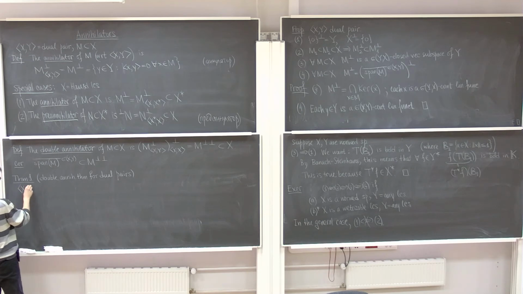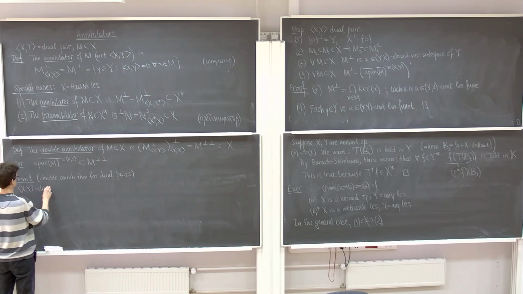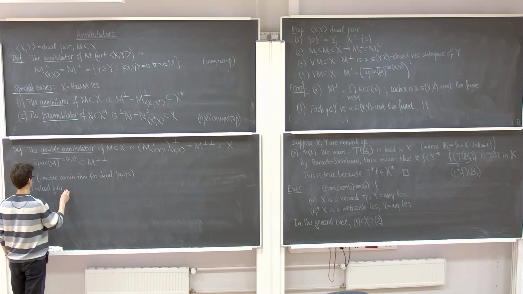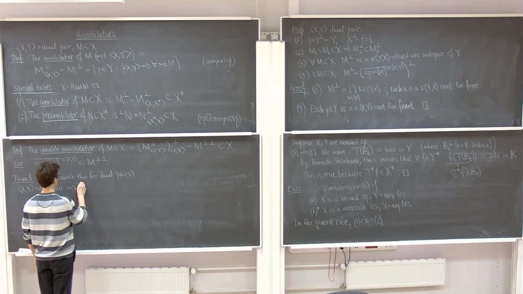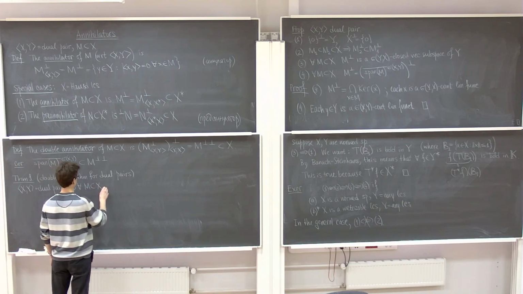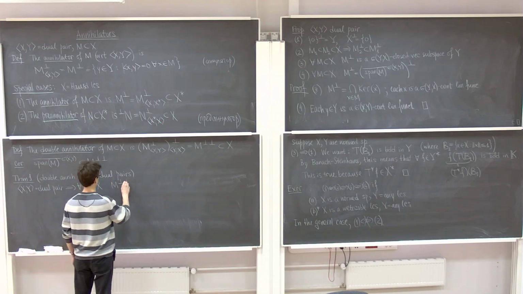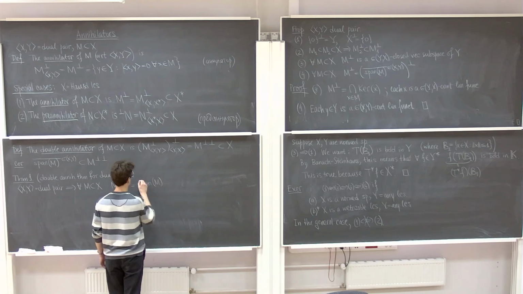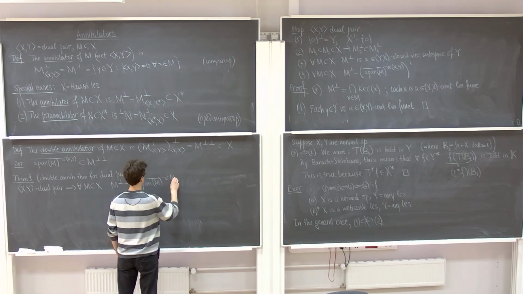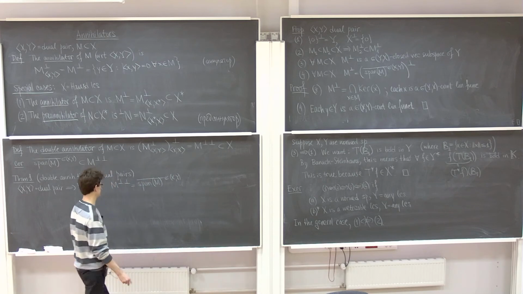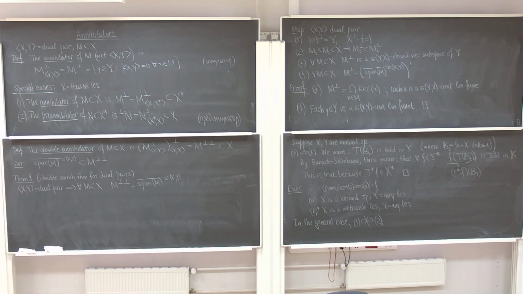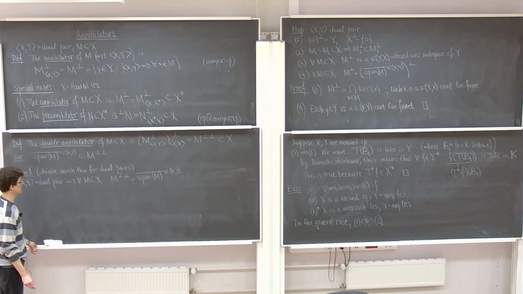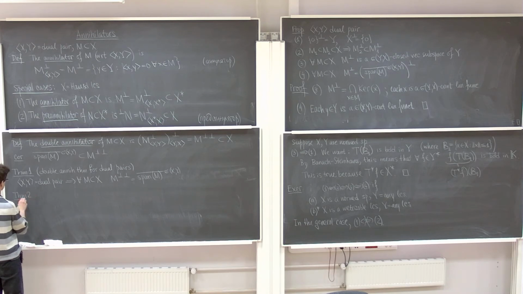So if we have an arbitrary dual pair, X and Y, then for each subset M in X, the double annihilator of M equals the weak closure of the linear span of M. And before we prove this result, let's state a similar result for locally convex spaces.